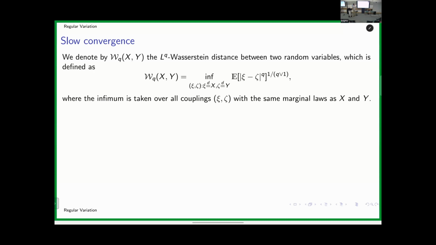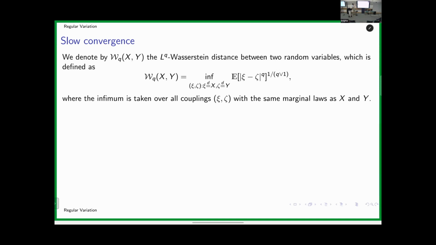For Q larger or equal to 1, there's a dual in terms of expectations. It's a simple one, it depends only on marginal distributions, so this is more probabilistic. The other one is more analytical, I would say. We will talk later. But for Q more than 1, there are just one-way inequalities, so you can control one with the other.